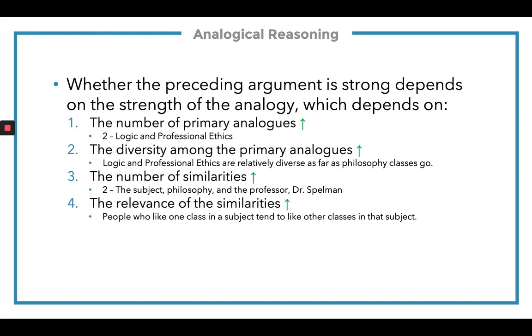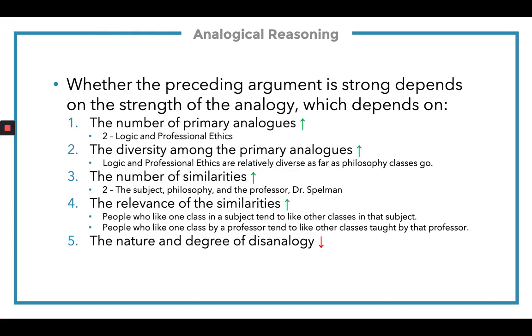The thing we're trying to conclude, remember, is whether the class is going to be fun. Are the subject matter and the professor relevant to the amount of fun that a class is? I think here those are pretty relevant. People who like one class in a subject tend to like other classes in that subject. We also know that people who like one class by a professor tend to like other classes taught by that professor. So these similarities seem pretty relevant.